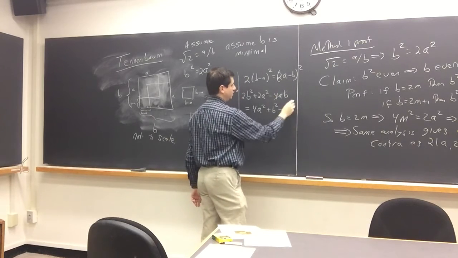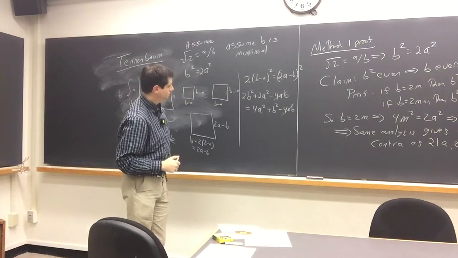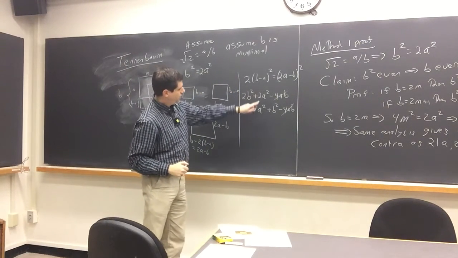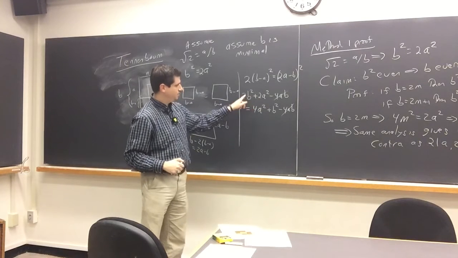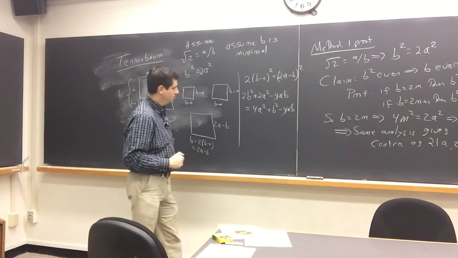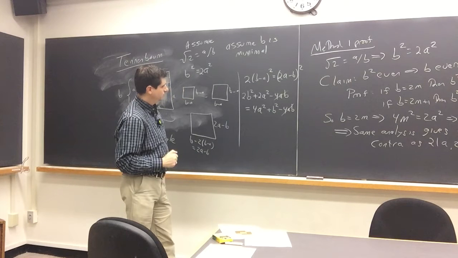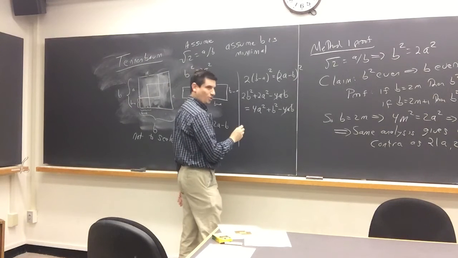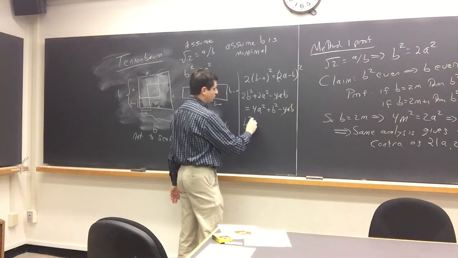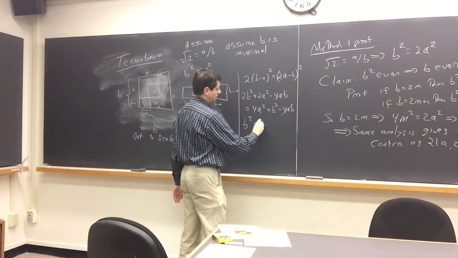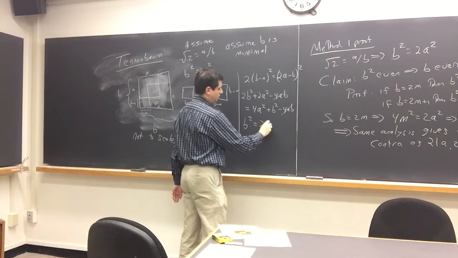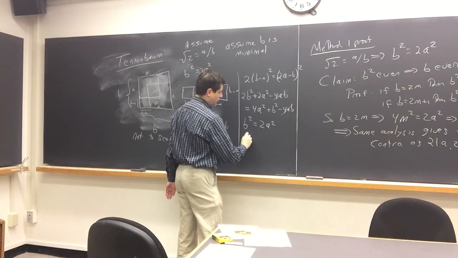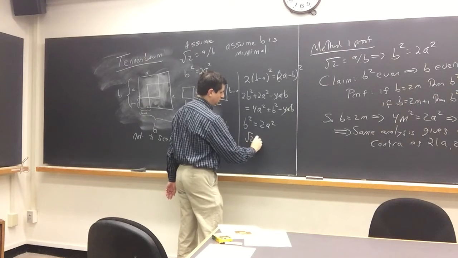All right, so the minus 4ab's cancel. We'll get a 2a squared on this side and a b squared on the other side. I'm getting a little worried right now. Oh, no, this is good. This is what I want. Right? So I'll get b squared equals 2a squared. So square root of 2.